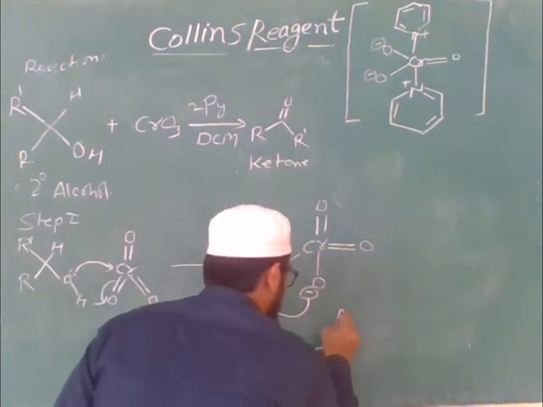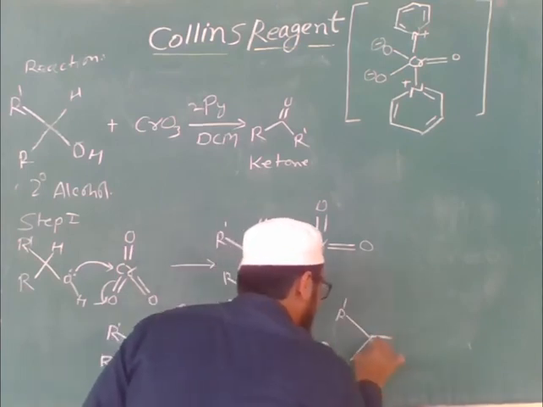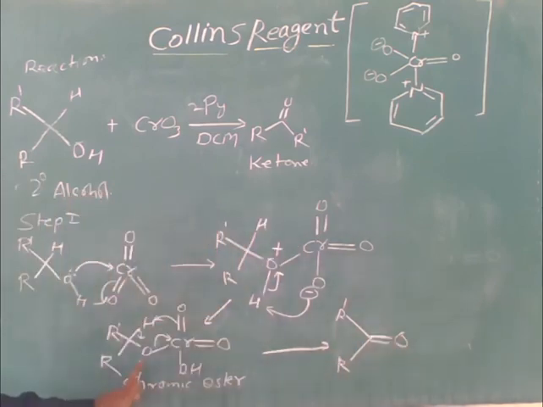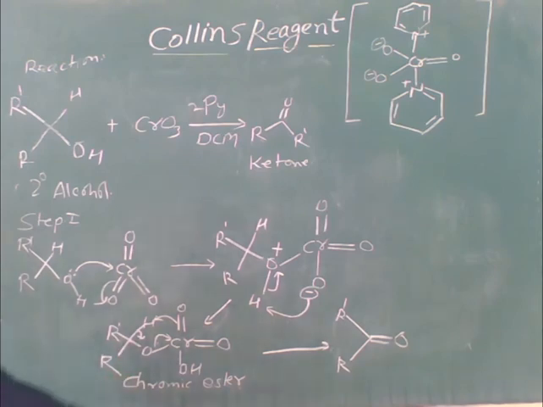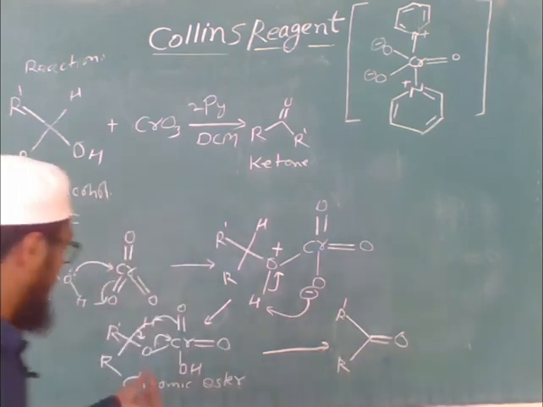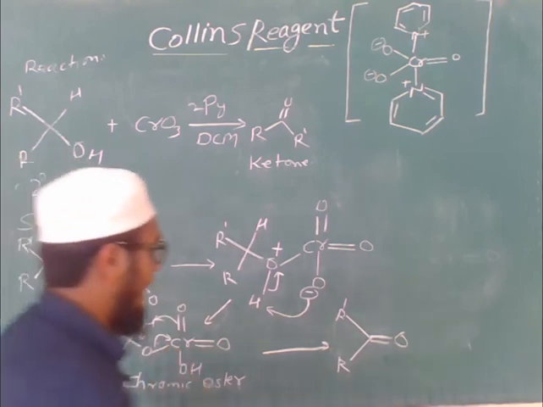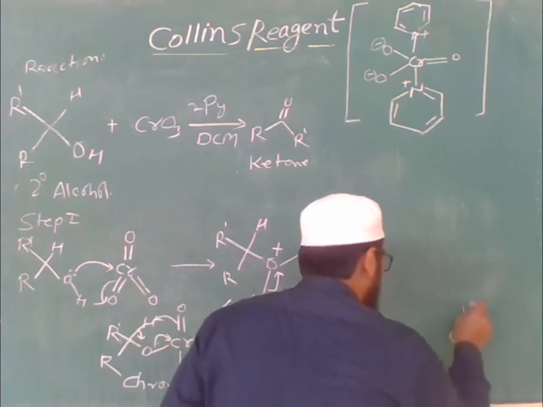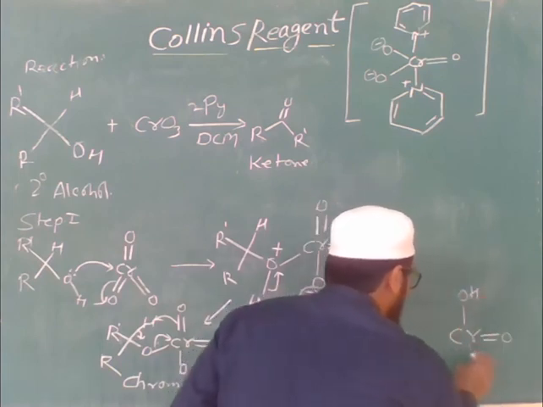This one is R dash, R, double bond O. If you can see here, the carbon-hydrogen bond electrons get shifted towards the carbon-oxygen bond to make a double bond. So we have this double bond here. This oxygen-chromium electron gets shifted towards chromium, and we get the product. The byproduct is chromium, OH, double bond O, OH.